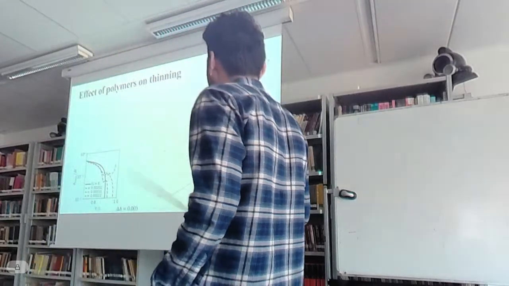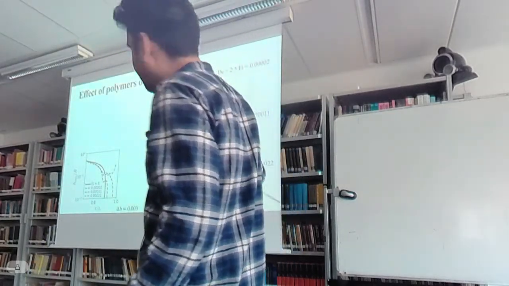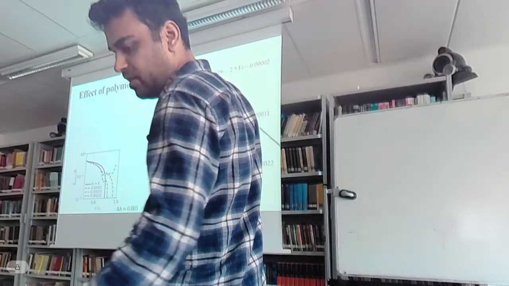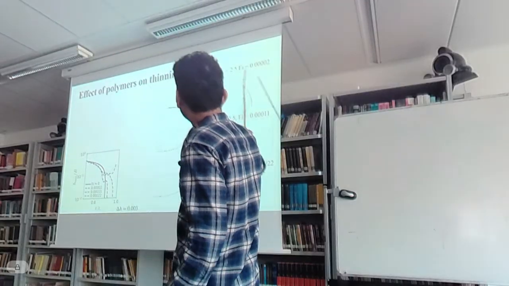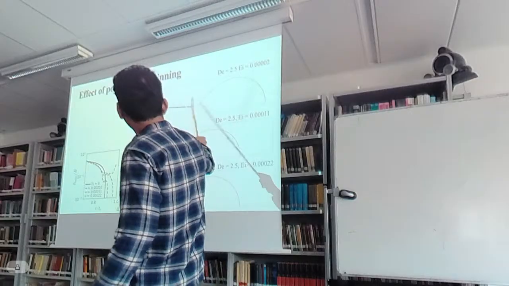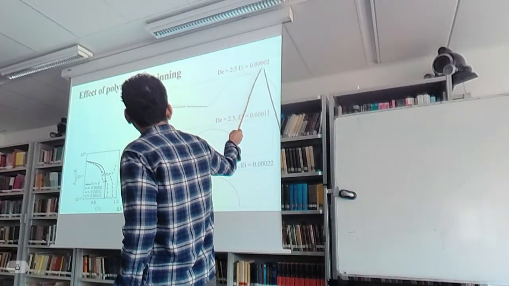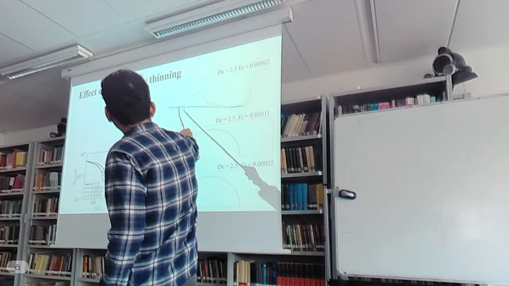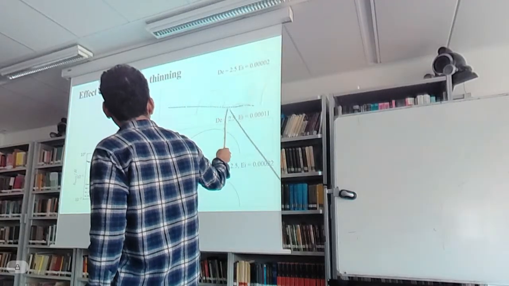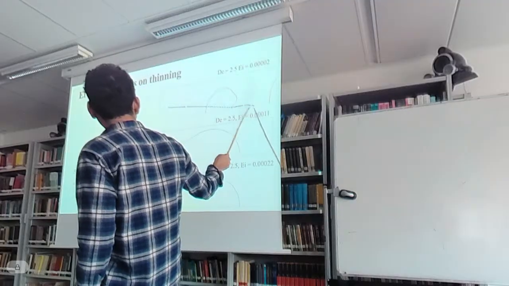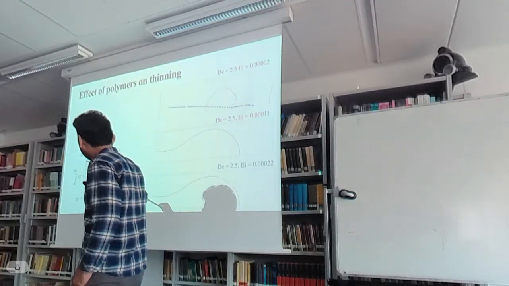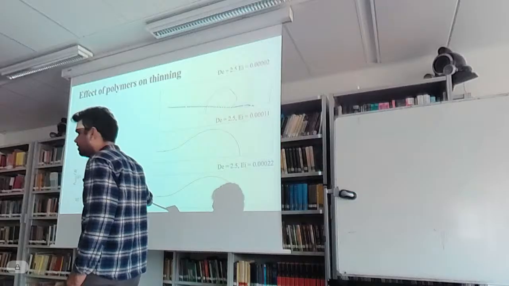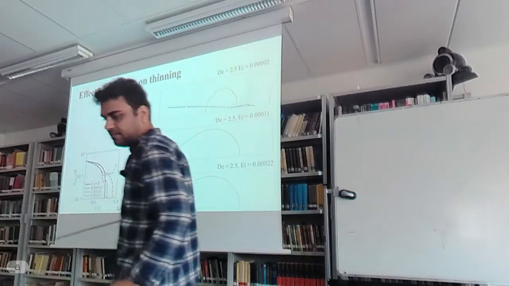And what I show you here is now what happens when you add polymers to the system. So let's first look at this red color curve for elastic inertial number 2 minus 5. You see that this jet thins, it sort of reaches a plateau, and then it breaks up. So it sort of reaches a constant value, and then it breaks up.